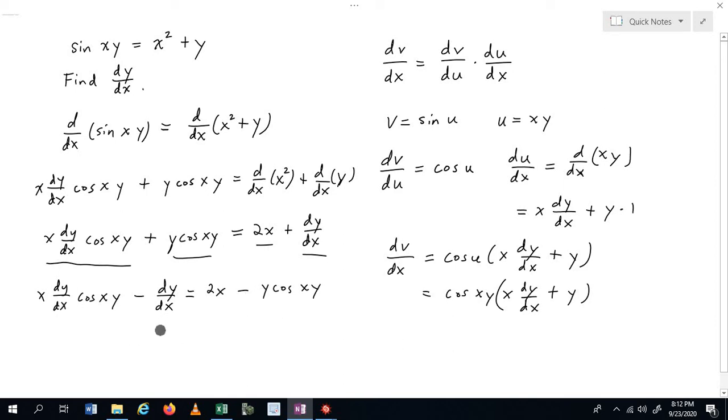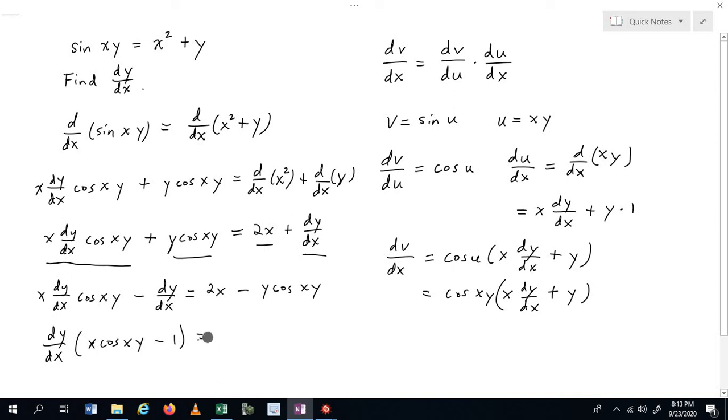Once you've done that, all you need to do now is to factor out the dy/dx. Since it appears in every term on the left-hand side, you should be able to factor it out. So let's factor that out. And of course, that leaves you with x times the cosine of xy minus 1. You're left with a 1 here when you factor that out.